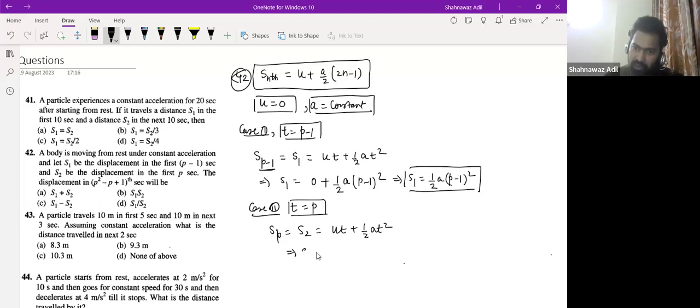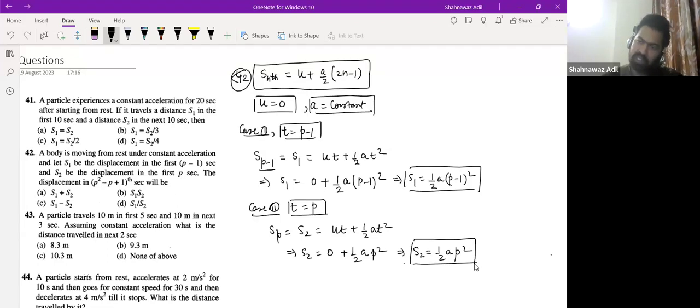So S2, U is 0 and half A and time is P. So this is P square. So S2 is half A P square. Right. So these things we have calculated.